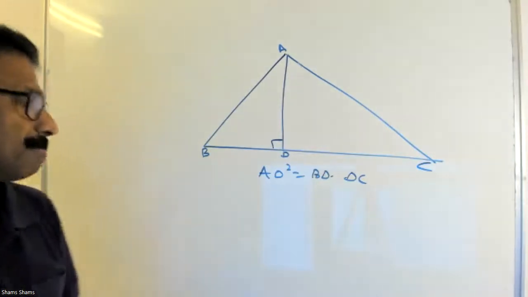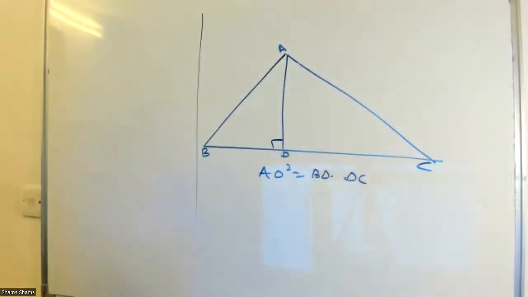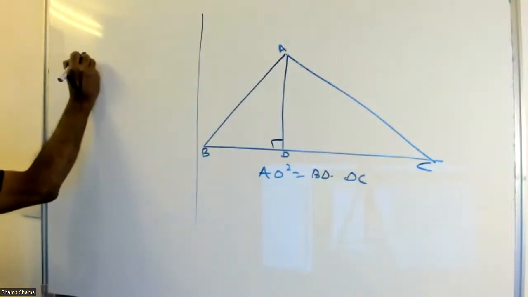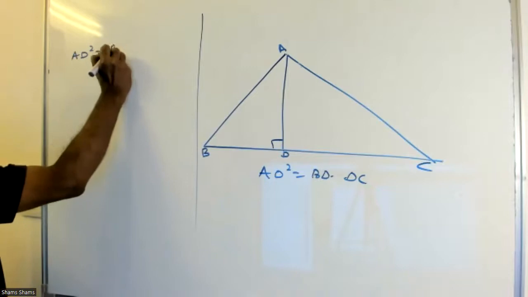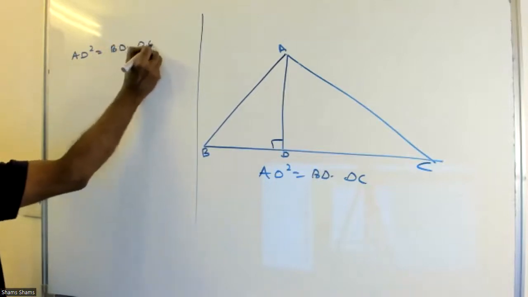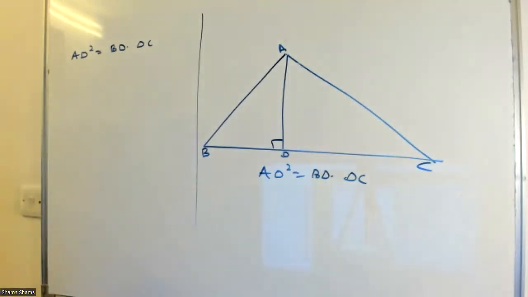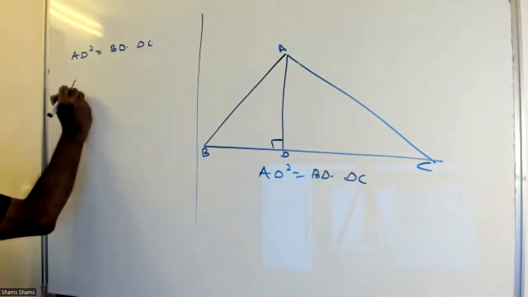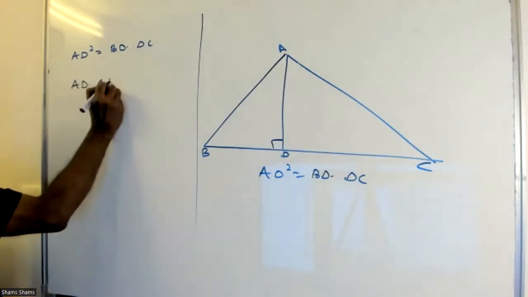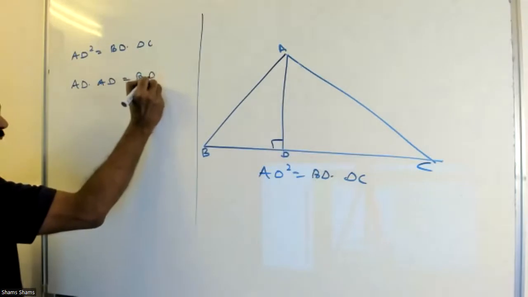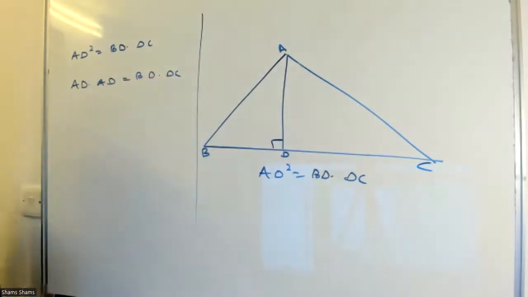Okay, look here. I'll show this one. It's a star question. AD square equals BD into DC. That is given, right? So we can write AD into AD equals BD into DC. Right or not?